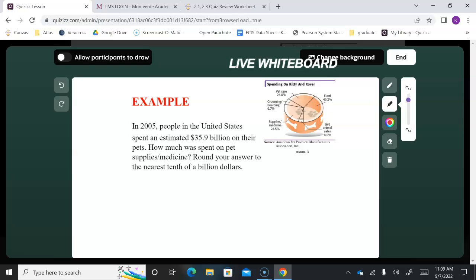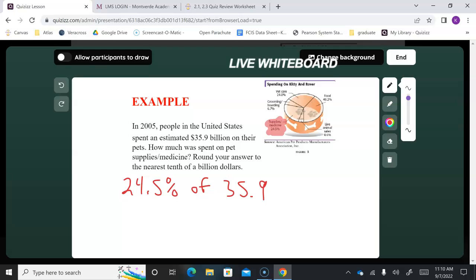I want that section. 24.5% of how much? 35.9 billion.